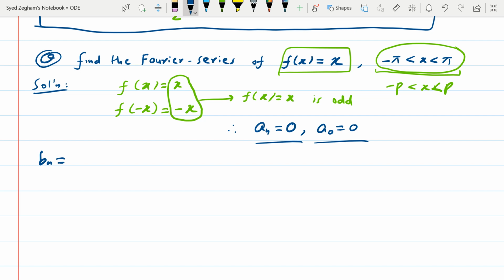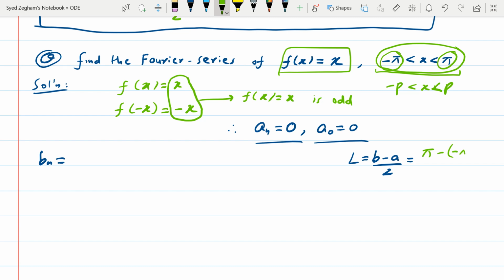Now somewhere in the corner let us find L. How do we define L? B minus a divided by 2, right? What is my B here? B is pi, right? Minus a, what is my a?